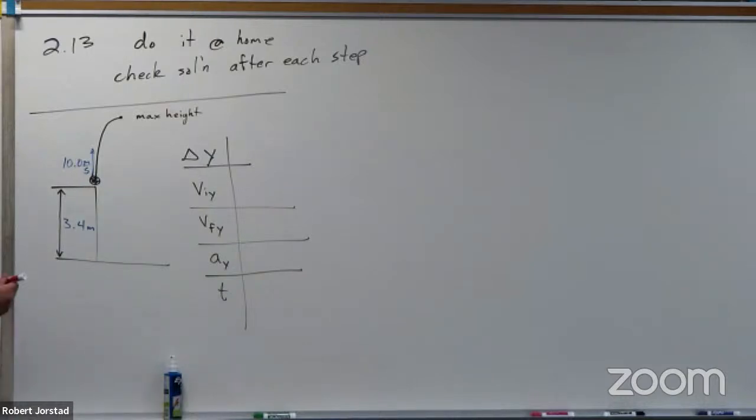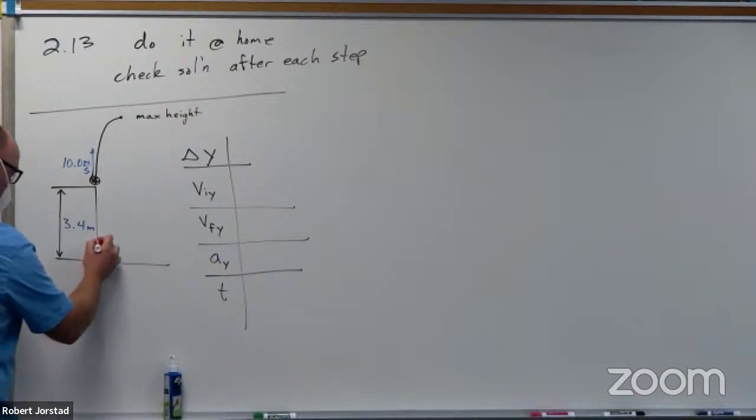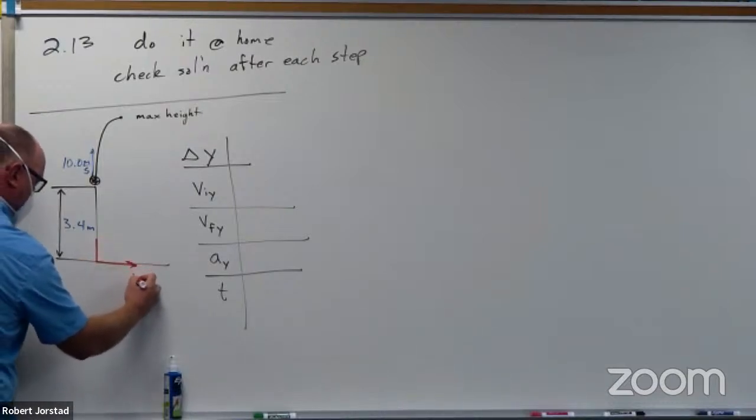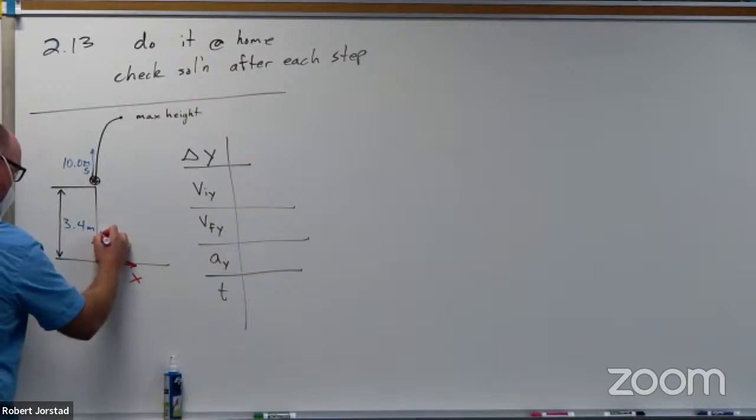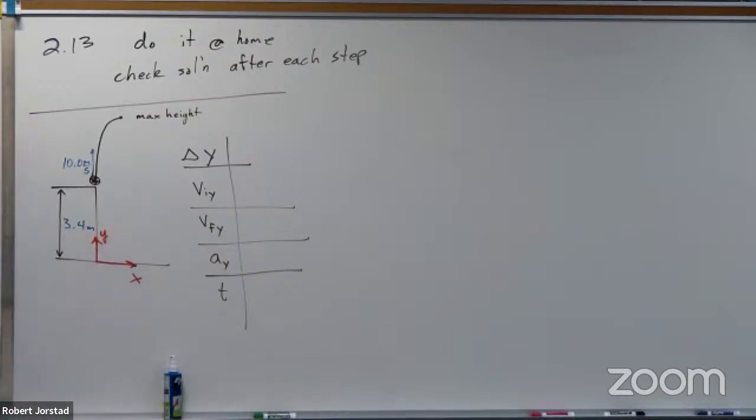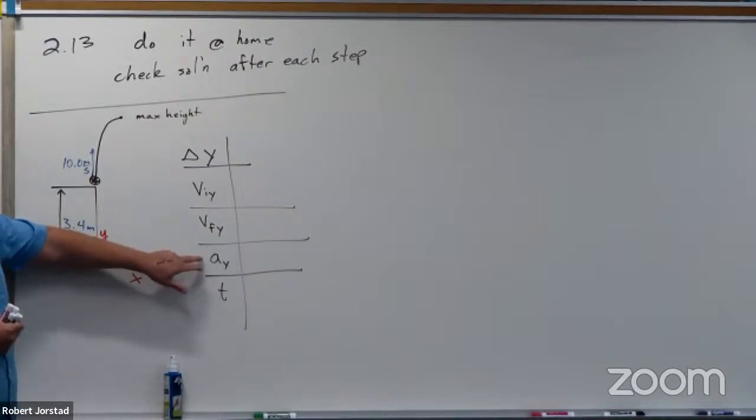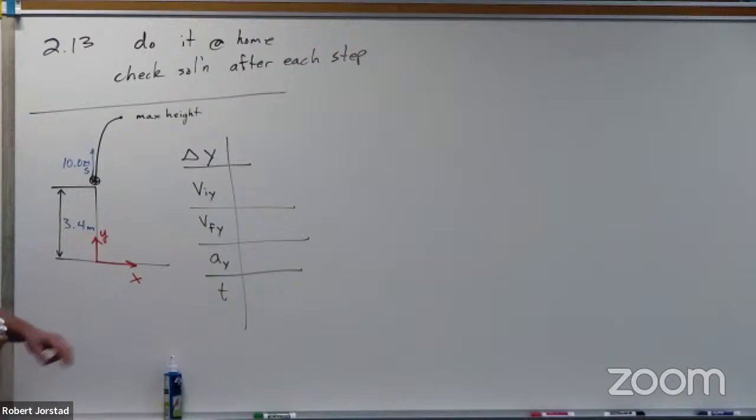Typically, the coordinate system that we might use might look something like this, where this is the x direction and this is the y direction. I want to focus in particular on this term right here. When we're filling in these knowns and unknowns, what should I punch in for a sub y?